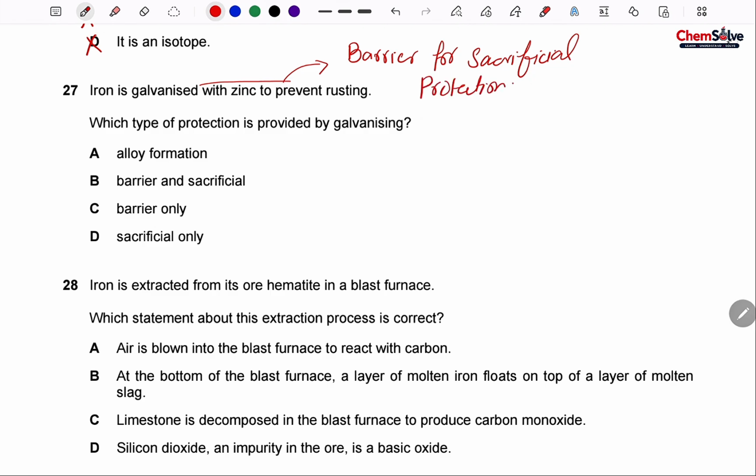What happens? One metal sacrifices and it protects the other one. Which type of protection is provided by galvanizing? According to the statement, it should be option B, barrier and sacrificial.